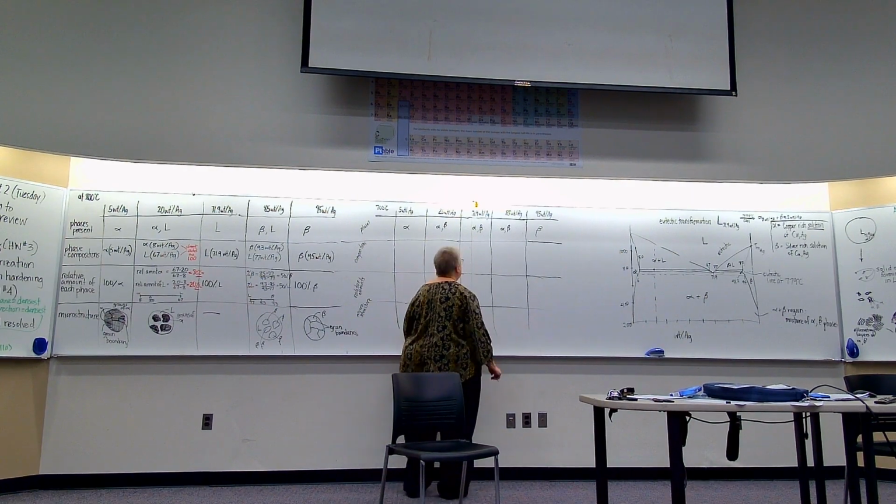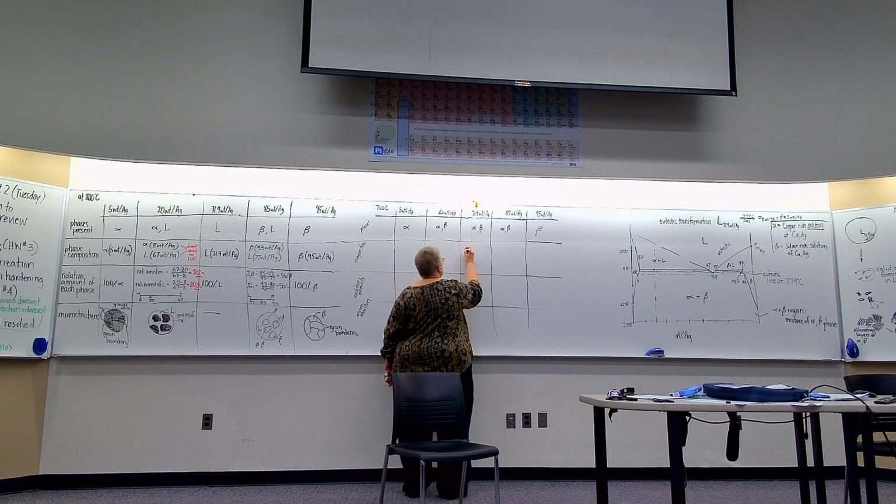So for my eutectic, I've got two phases. The alpha has 6 weight percent silver, and the beta has 94 weight percent silver.